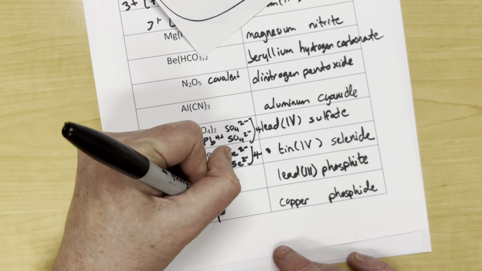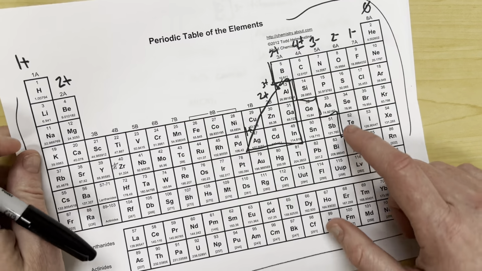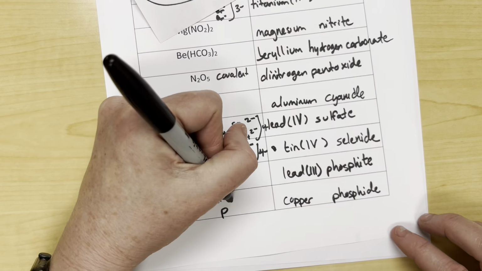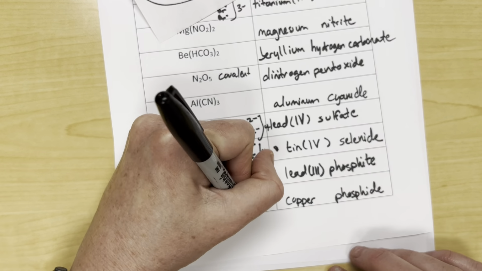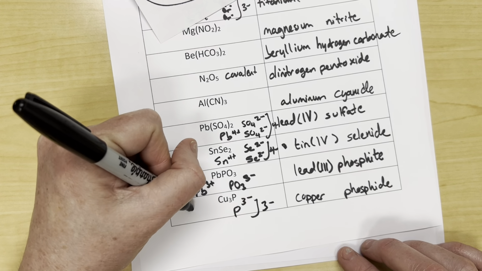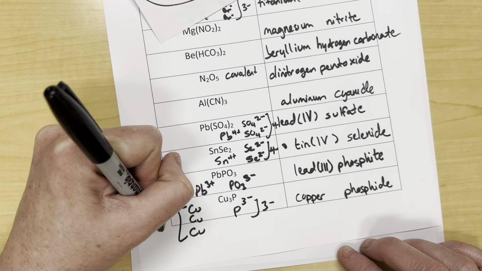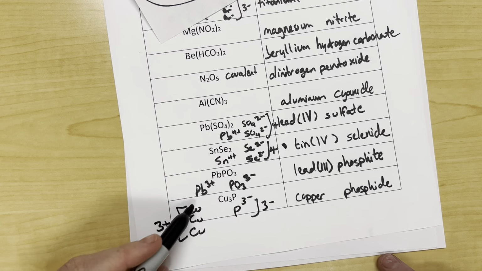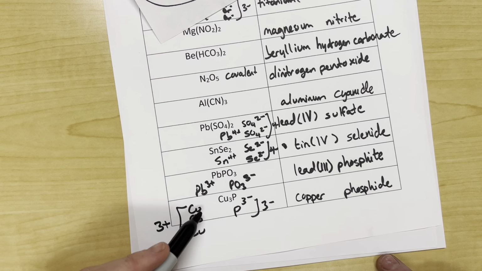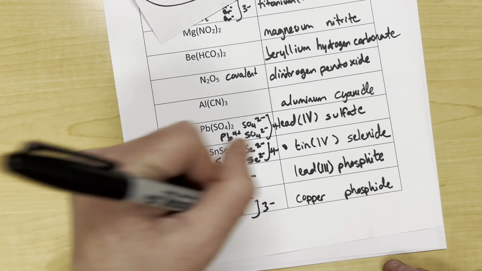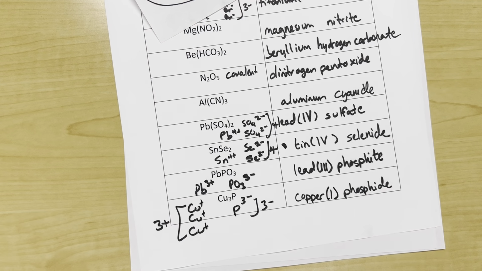So phosphide is here. It has a 3 negative charge. So the total from the phosphide is 3 negative, meaning the total from all 3 of these coppers must be 3 positive. My question to you is, if they all add up to be 3 positive, what is each one? Well, each one has to be a 1 positive, and that's why this is copper(I) phosphide.